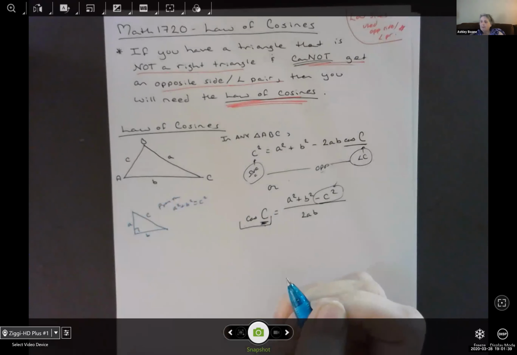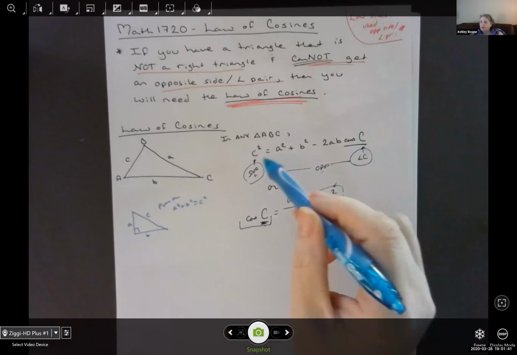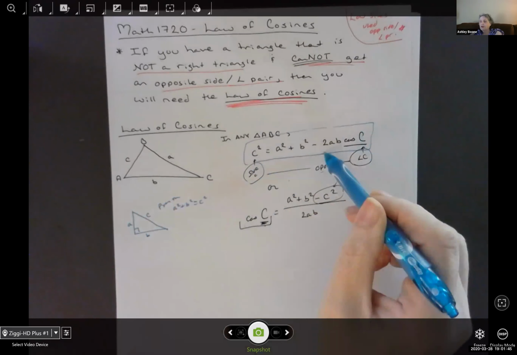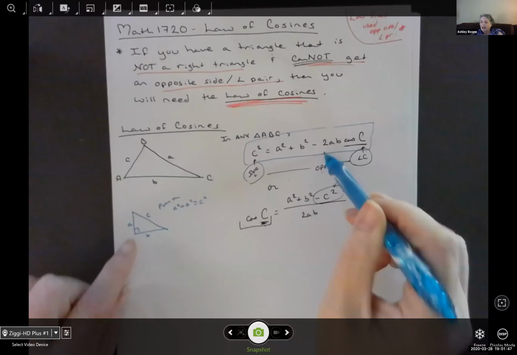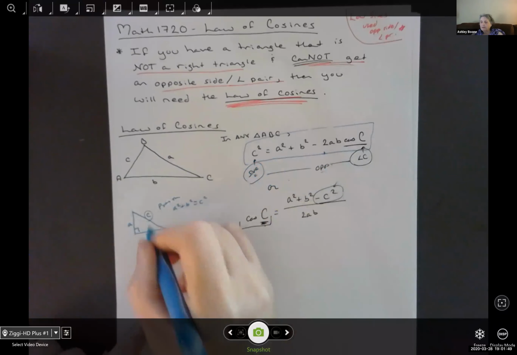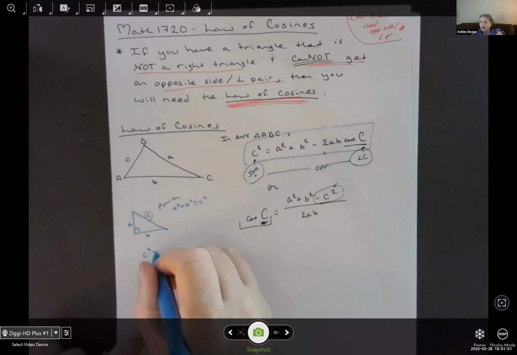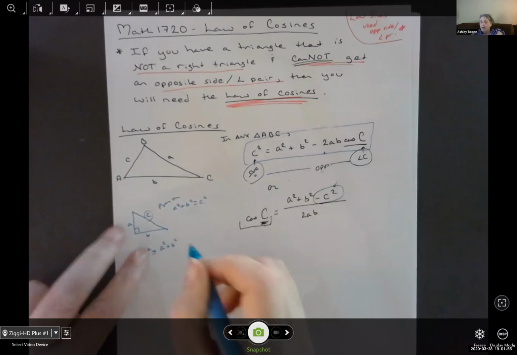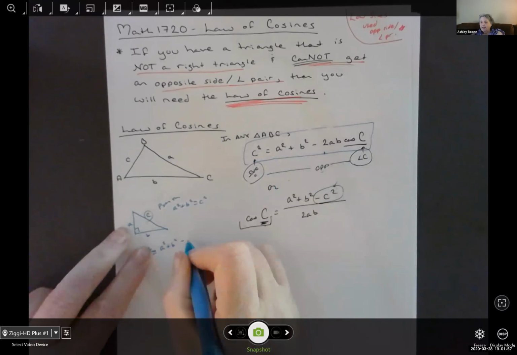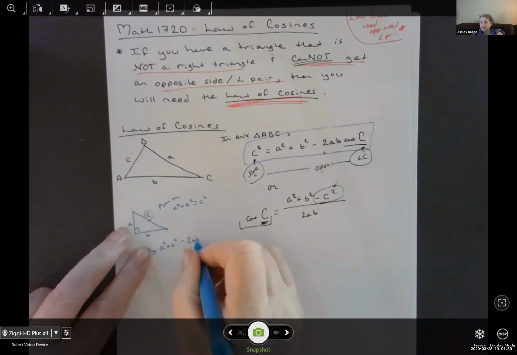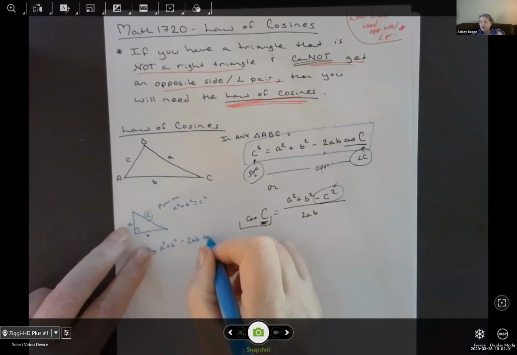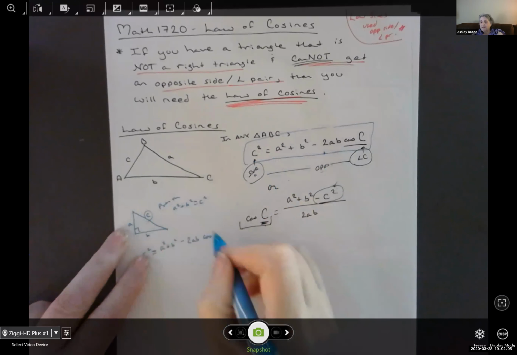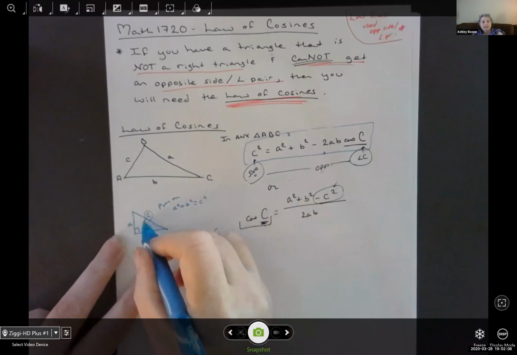Well, think about what it would be with the law of cosines. The law of cosines says that side c squared is equal to a squared plus b squared, the sum of the other two sides, minus 2 times a times b times the cosine of C. Angle C is the angle that is opposite side c.